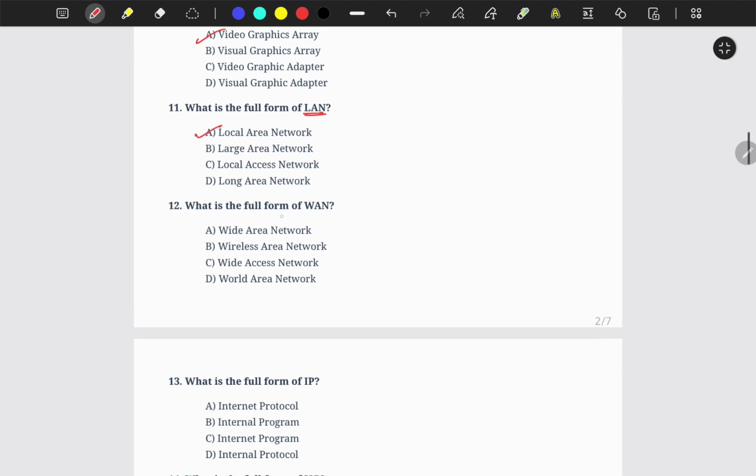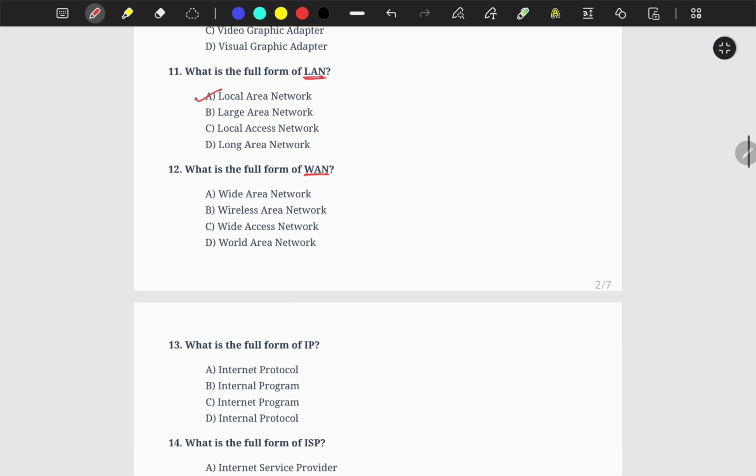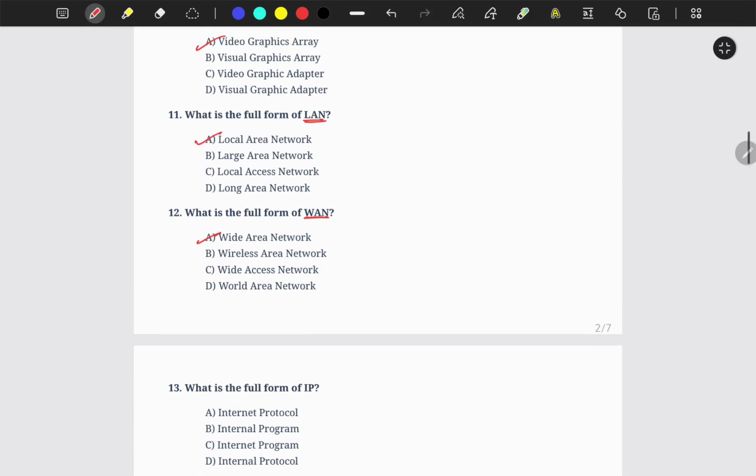What is the full form of WAN? The correct answer is Wide Area Network. Similarly you have another one, that is MAN, Metropolitan Area Network.